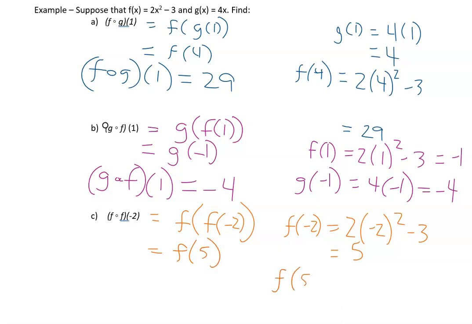So f of 5, we plug 5 in for x. We get 5 squared is 25, times 2 is 50, minus 3 is 47. So f composed with f of negative 2 is going to be equal to 47.